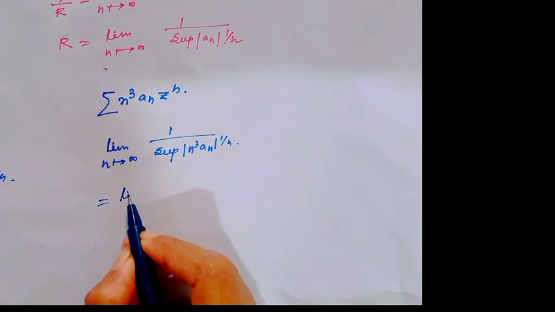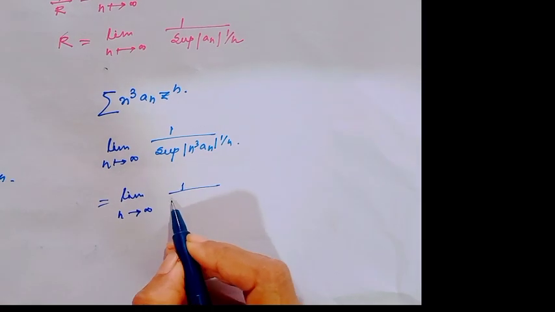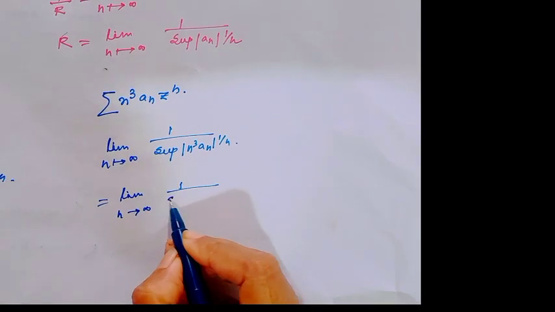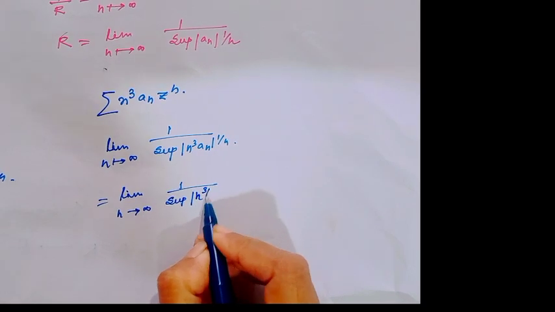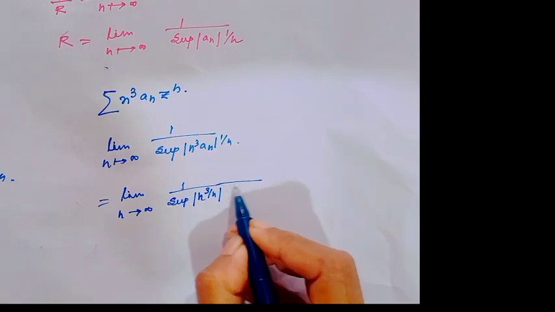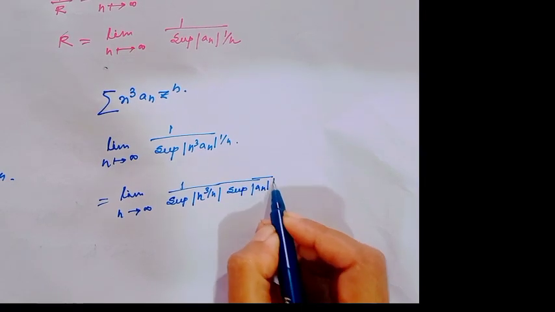Now this means limit n tends to infinity 1 over supremum of n to the power 3 over n times supremum of a n to the power 1 over n.